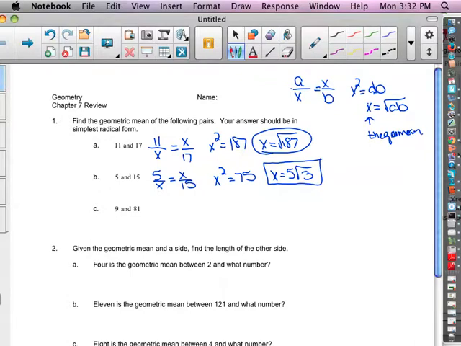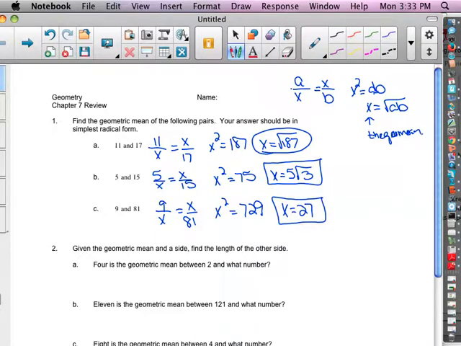C, 9 is to x as x is to 81. So x squared equals 729. The other trick, remember, is to take the square root of 729 to see if that's a perfect square. And in this case it is, and x is equal to 27.